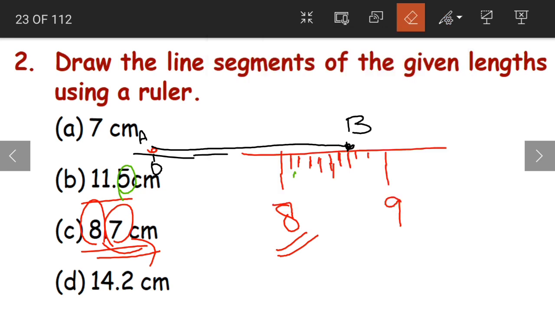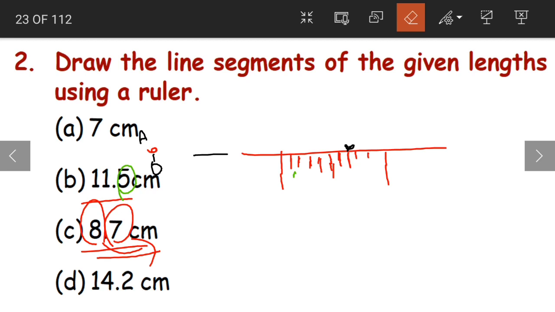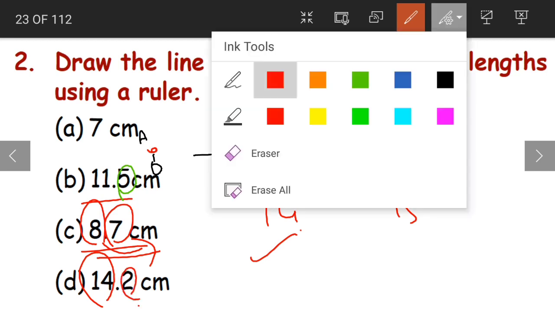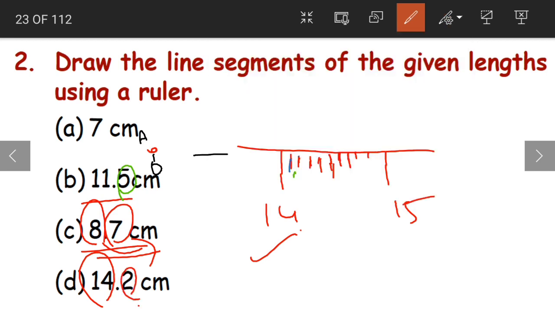Yes. Now similarly, what do we have next? 14.2 centimeters. Let me erase. Yes. So 14.2 centimeters. 14 and 15 centimeters. So after 14 centimeters, the second line. 1, 2.